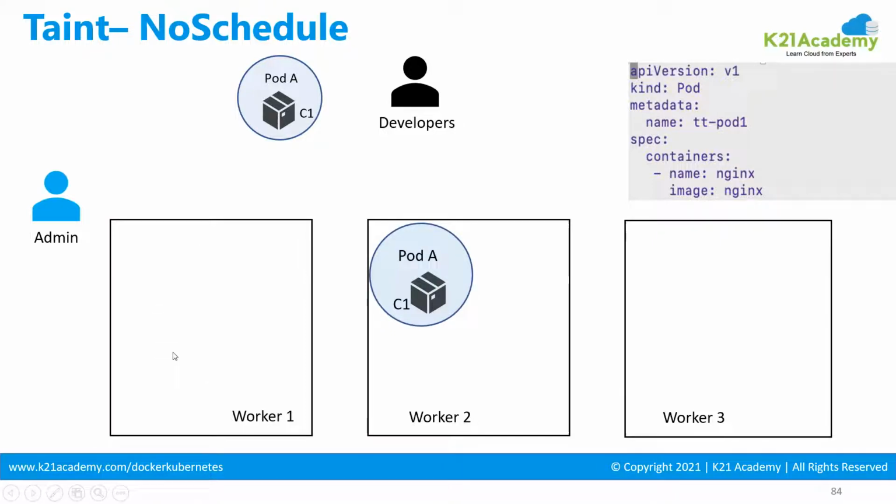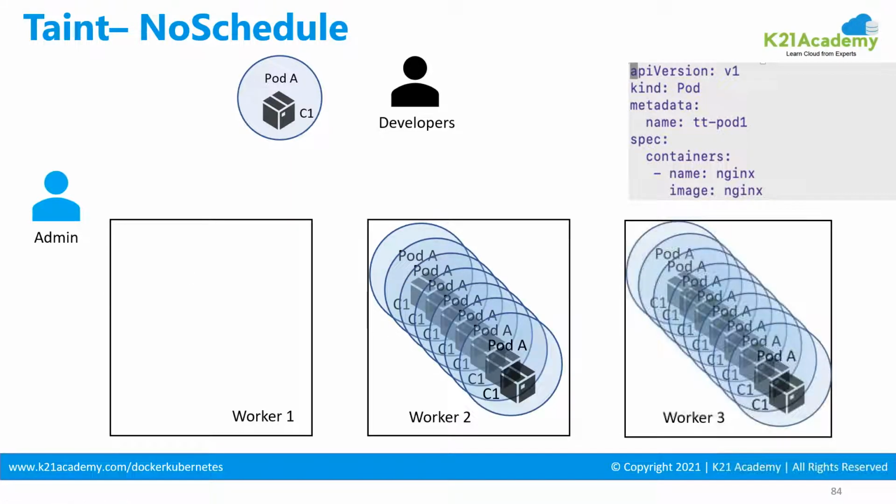It will not get created on worker1 because it is tainted. You can create the set of pods on worker2 and worker3, but not on worker1. Once NoSchedule is applied, no pod will get deployed on worker1. That is NoSchedule.